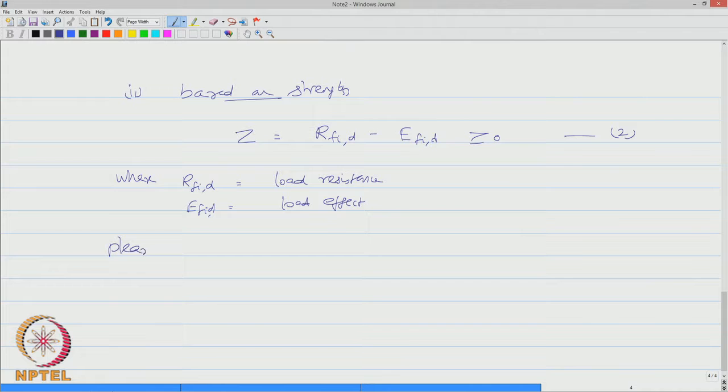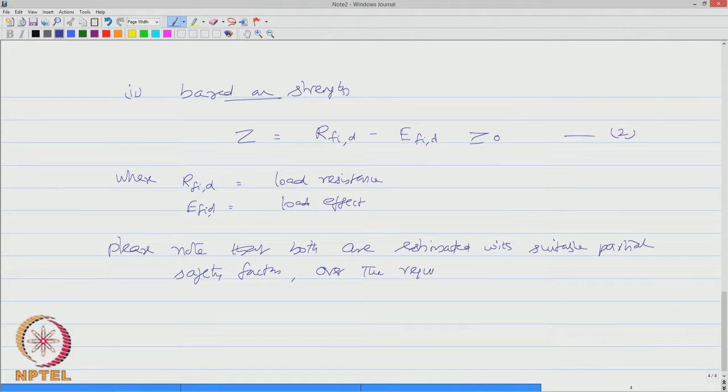Please note that both are estimated with suitable partial safety factors over the required period of time, which accounts for the uncertainties or errors in estimating the values.